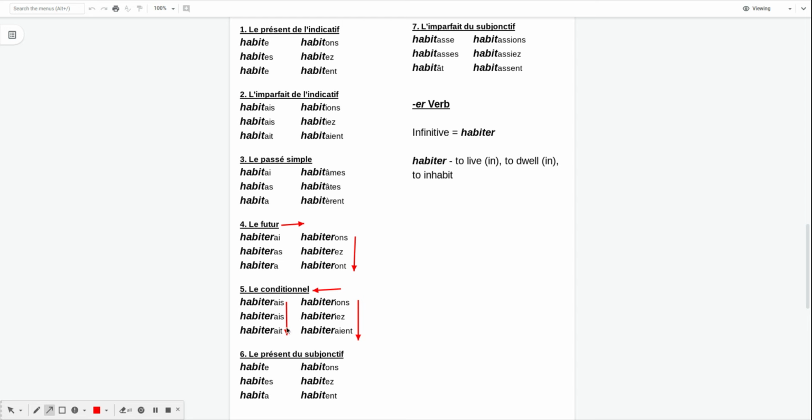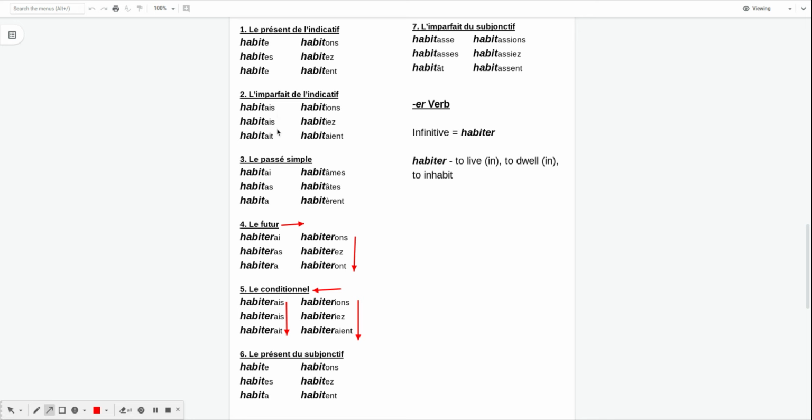So you notice that the endings for le futur and le conditionnel follow a pattern that's very similar to the endings, say for the imparfait de indicative, the second tense we look at up here.